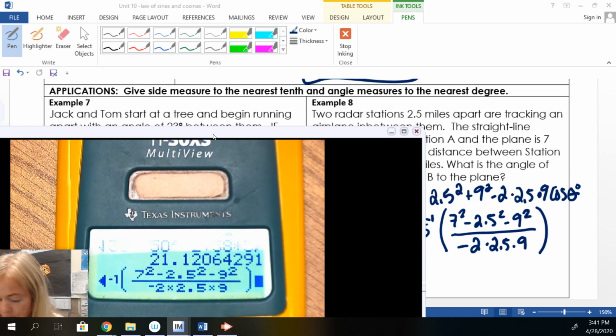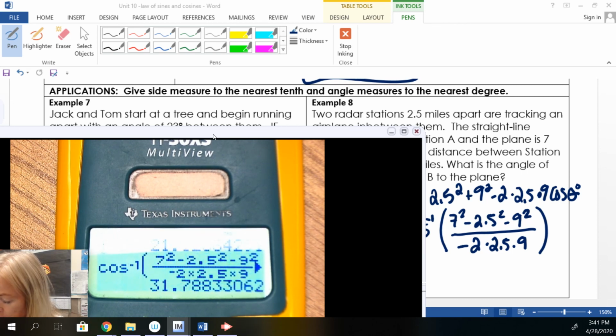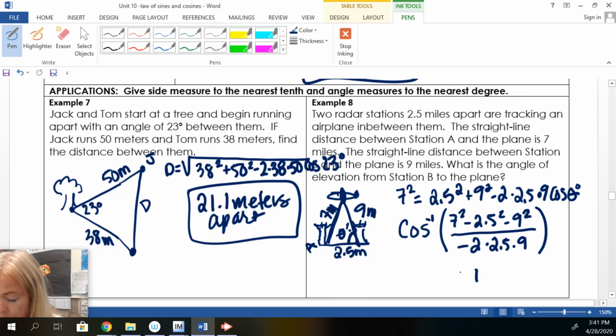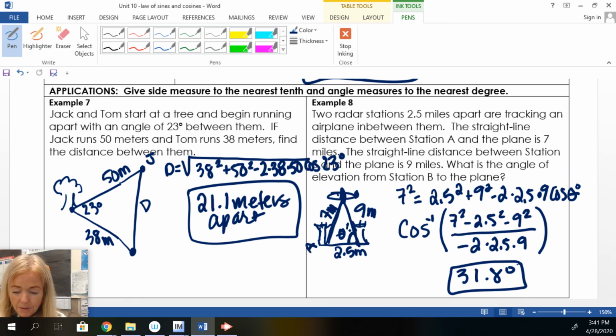Arrow out. And that's going to be 31.8 degrees. So that's the angle of elevation from station B, 31.8 degrees.